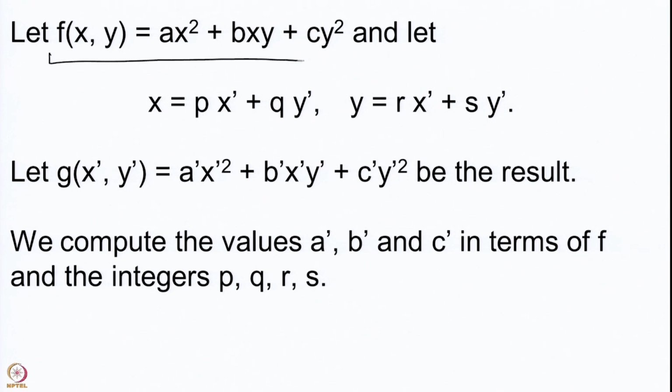We have the form f, which is the same as saying that we have the numbers a, b, c, and we have p, q, r and s. So, we have these 7 numbers, and of course a prime, b prime, c prime should be polynomials in these 7 numbers in some way, and we simply want to write the explicit description of a prime, b prime, c prime in terms of these numbers.